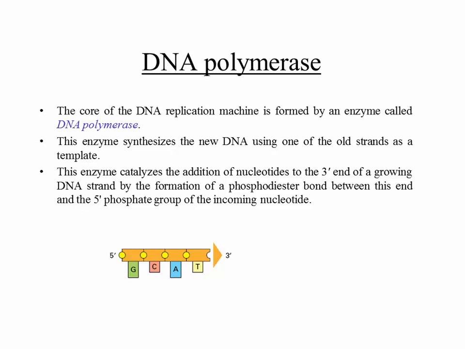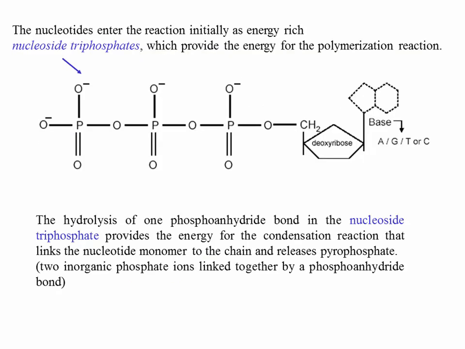So this enzyme catalyzes the addition of nucleotides to the 3' end of a growing DNA strand by the formation of a phosphodiester bond between this end and the 5' phosphate group of the incoming nucleotide. And to make the reaction energetically favorable, the nucleotides will enter the reaction as energy-rich nucleoside triphosphates, because this has a high energy bond here and another high energy bond here.